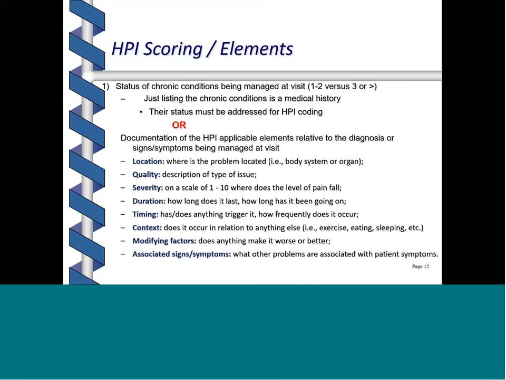The cough is worse in the morning, and it gets better as they get up and start moving around, so we have timing. They've been taking over-the-counter Mucinex and Tylenol, so that's a modifying factor. And they also have a slight sore throat, so we have an associated sign and symptom.